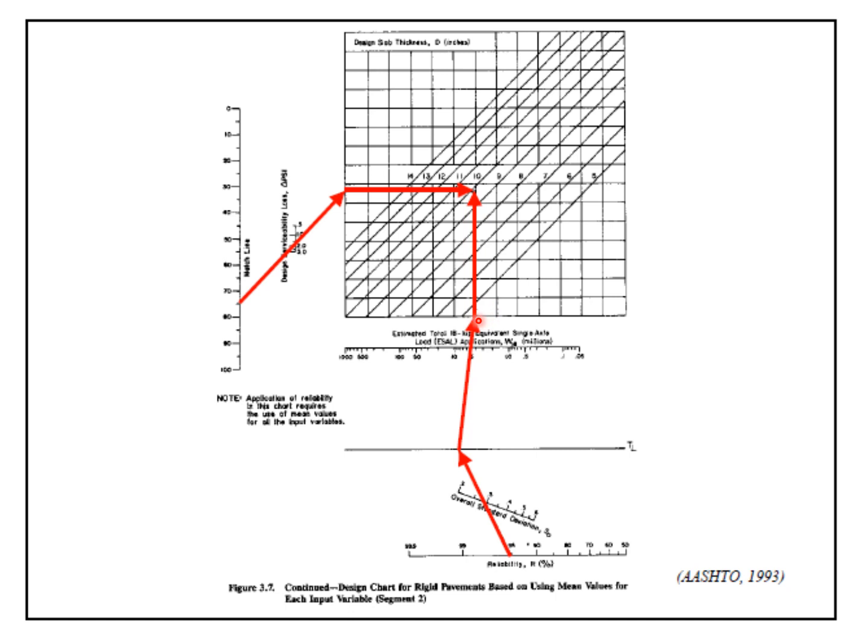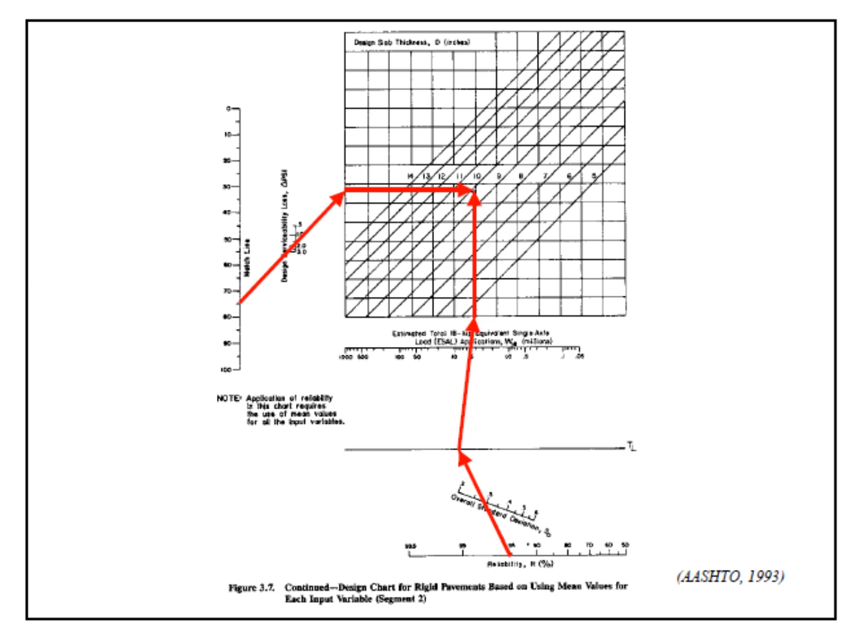Now from this point, just draw a vertical line, and from this point draw a horizontal line. So in this way you will have the point of intersection, and you can see that these are the curves for the slab thickness. So in this way we can determine the thickness of the concrete slab.